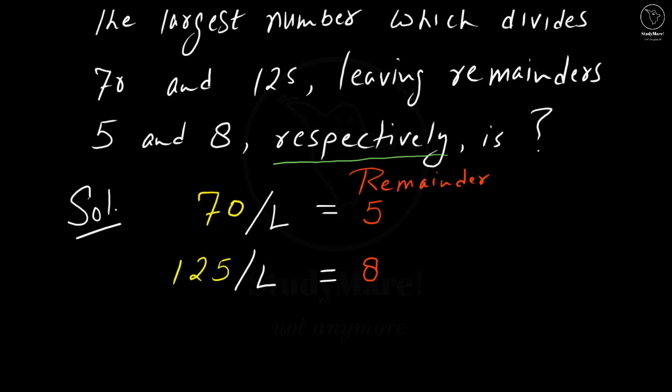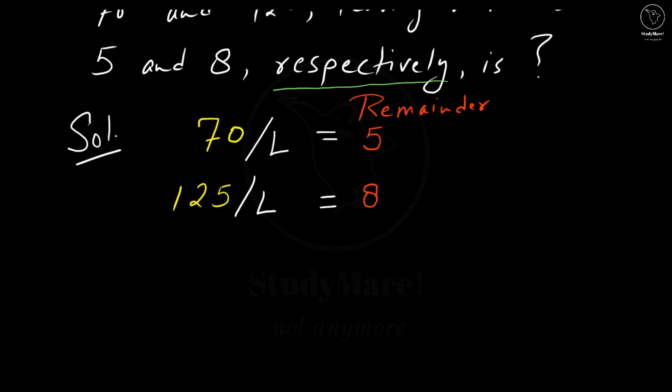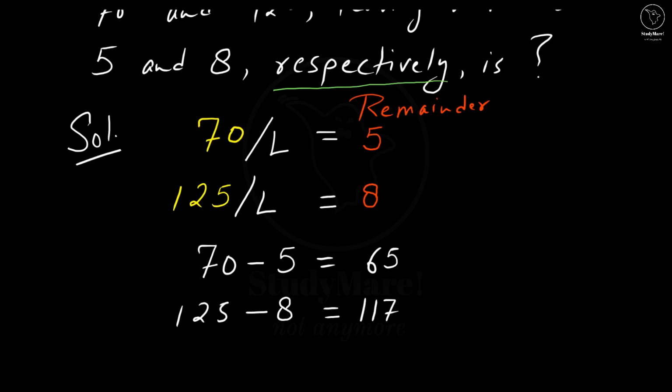Now what do we conclude out of this? It simply means that we have to subtract 5 from 70, which gives us 65, and here we have to subtract 8 from 125, which gives us 117, to get the remainder as 0. Here the remainder will be 0 and here the remainder will be 0 when these numbers are divided by L. This is the first trick.